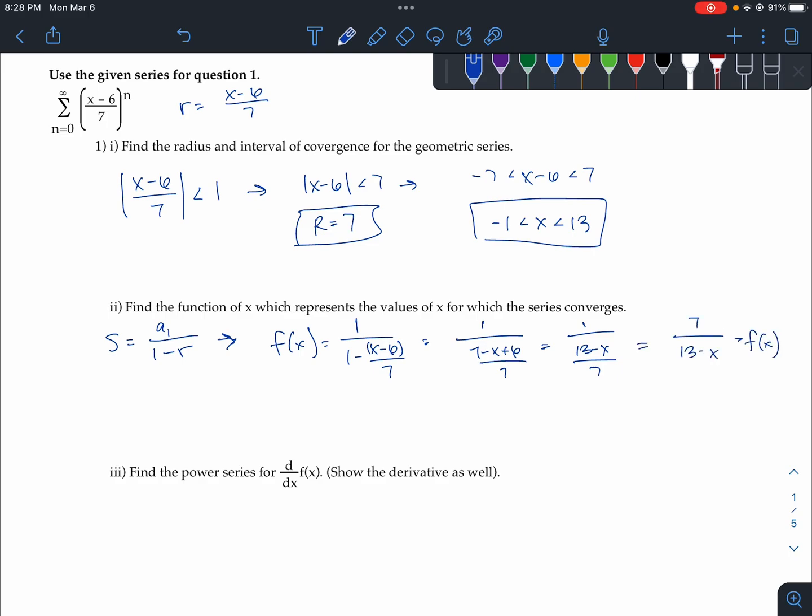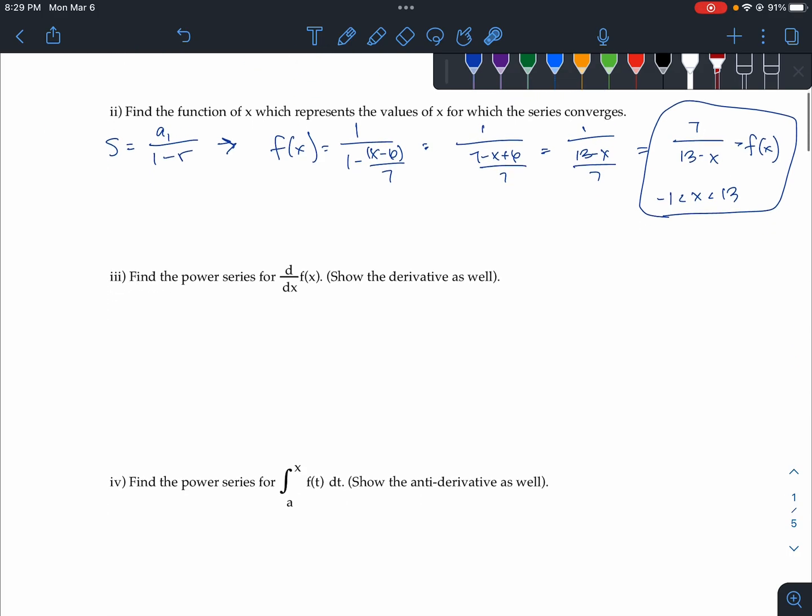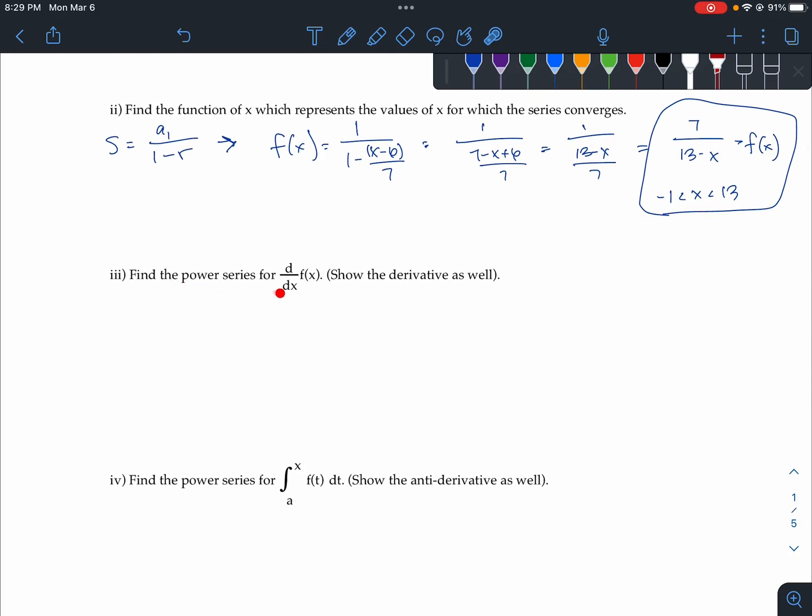And this is my function right there. And this is the function that it converges to, but only upon the interval of negative 1 to 13. So this is equal to this infinite series up here.